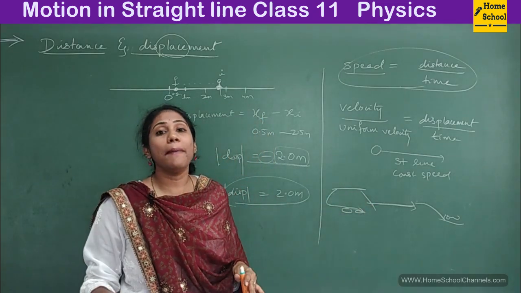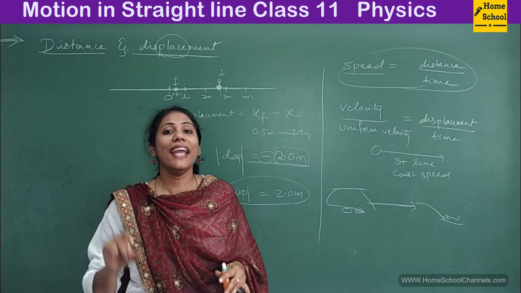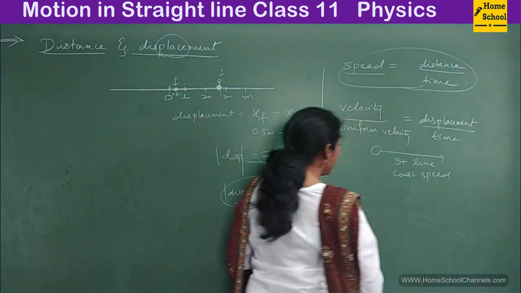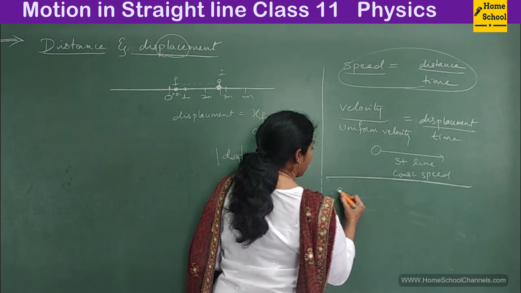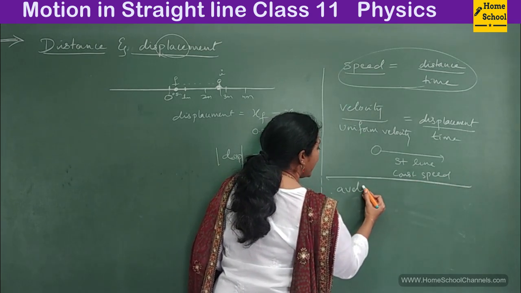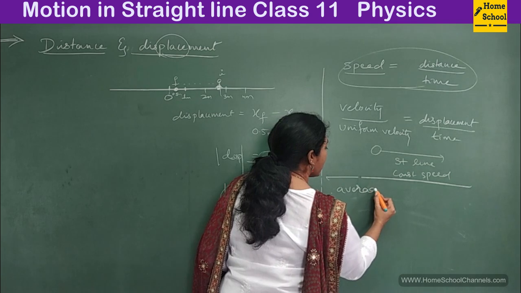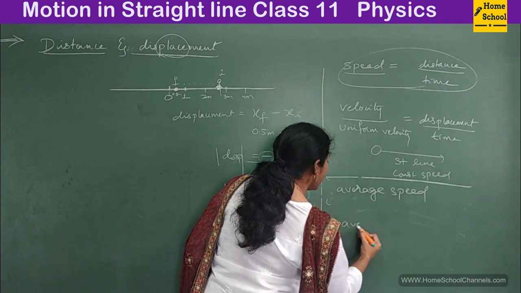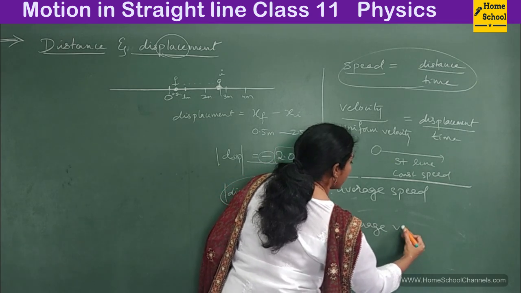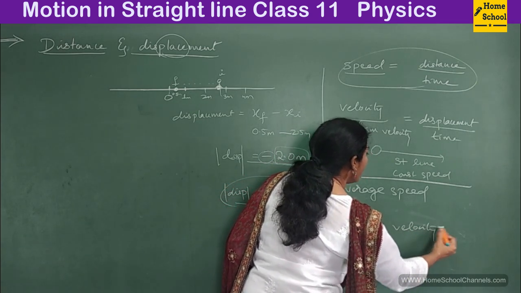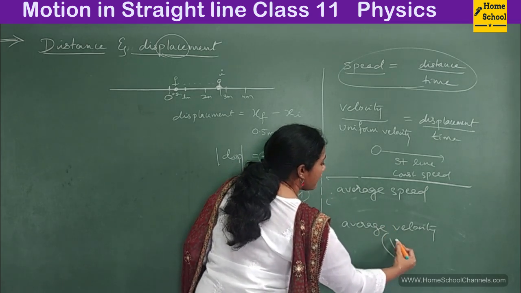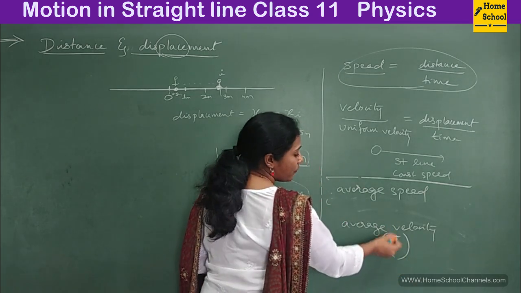So we will talk about average velocity and average speed. These are the important factors for us. Average velocity is represented like this, V bar.